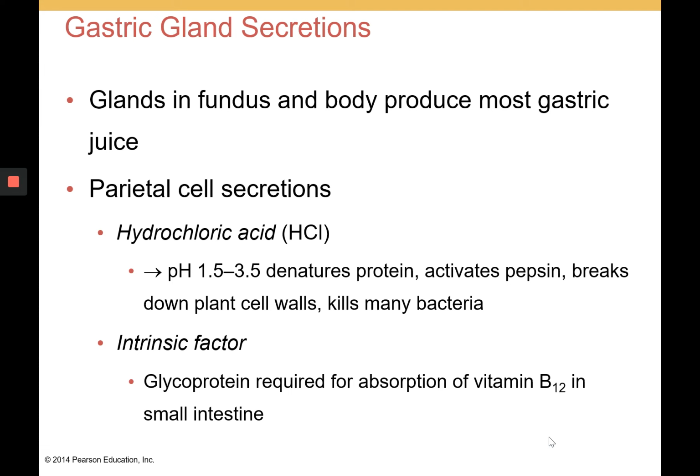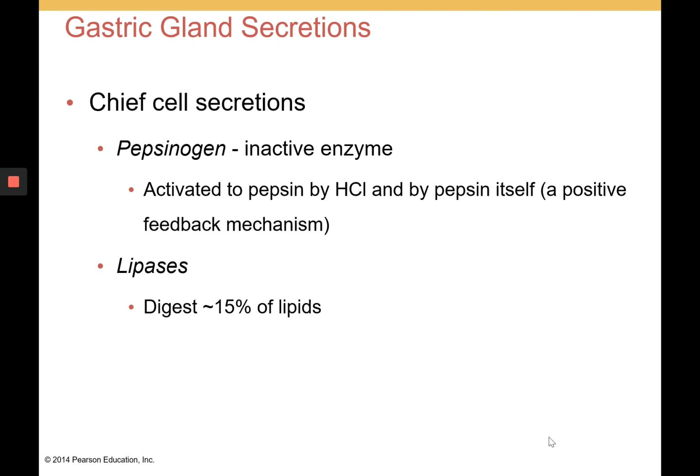We also need the stomach to make intrinsic factor. Intrinsic factor allows us to absorb vitamin B12 from food that we eat or parts of our diet. Chief cell secretions are pepsinogen, which, remember, we need to turn into pepsin, and lipases, some of which become active, like our lingual lipase, in the stomach.